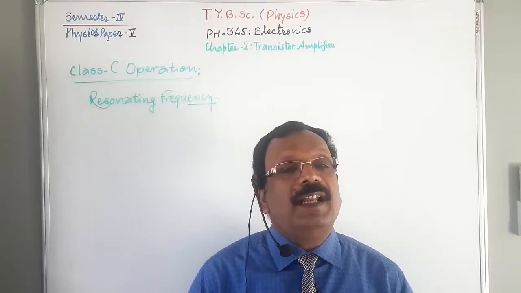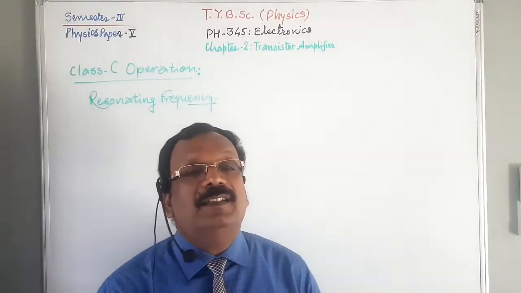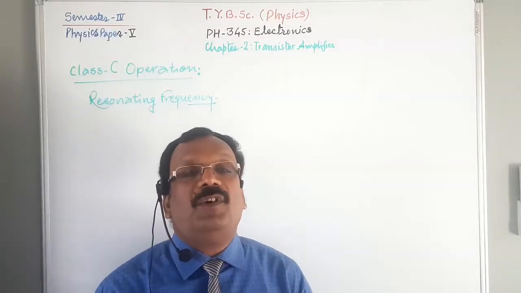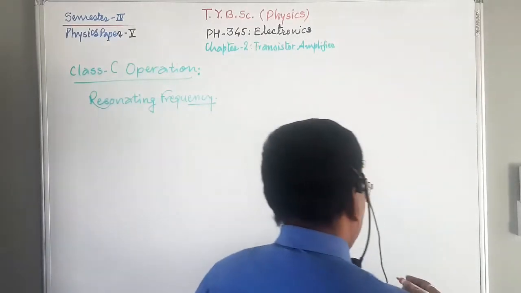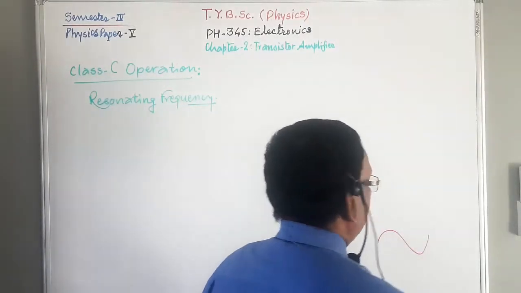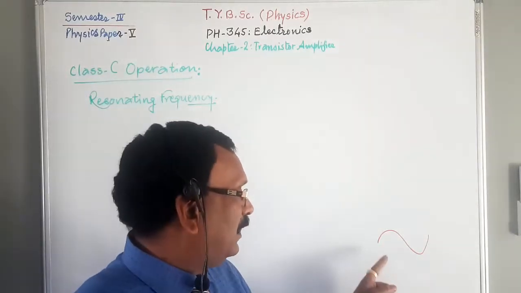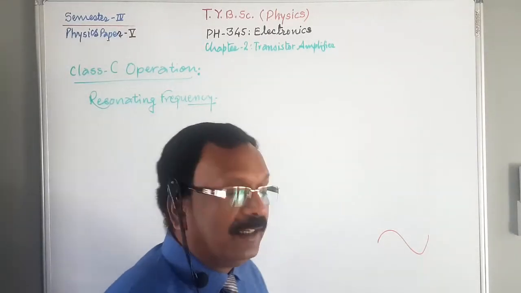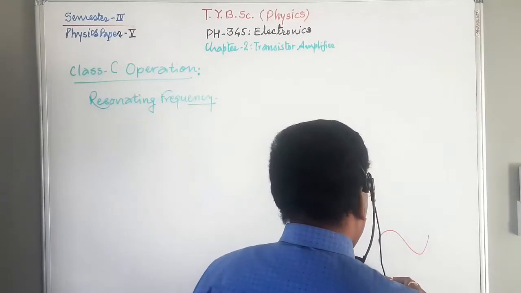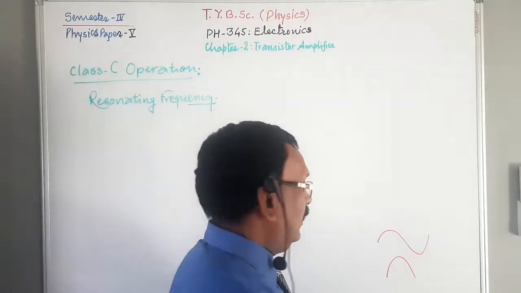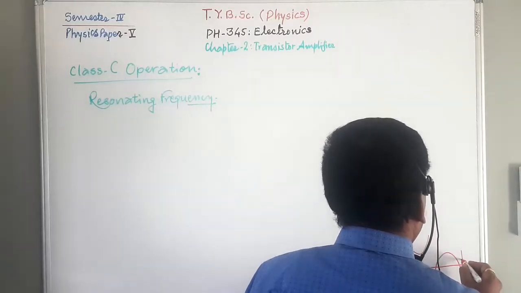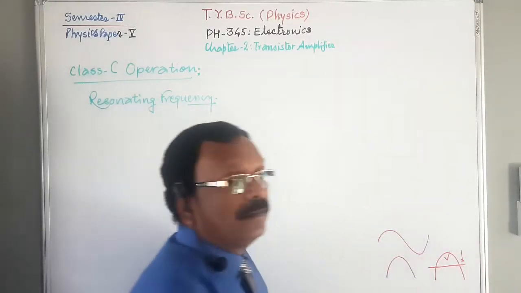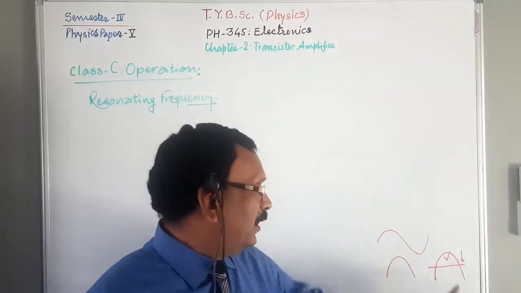So with class C operation, the collector current flows for less than half cycle. Remember that in class A, the transistor remains active in the whole cycle. In class B, the transistor is active only half cycle, and in class C, the transistor is active only for part of the half cycle.